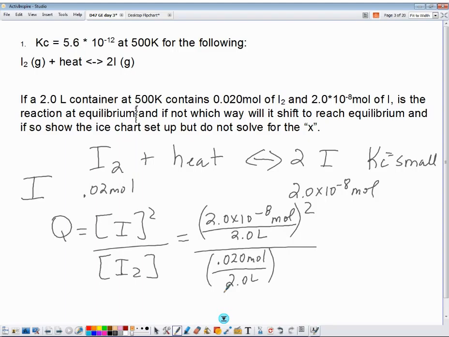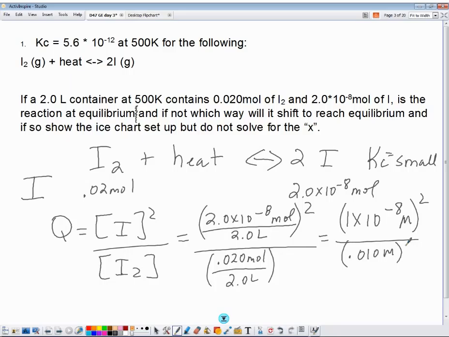Now let me show you, you do not need a calculator. 1 times 10 to the negative 8 molar squared, over 0.010 molar to the first. Did I need a calculator to simplify that?